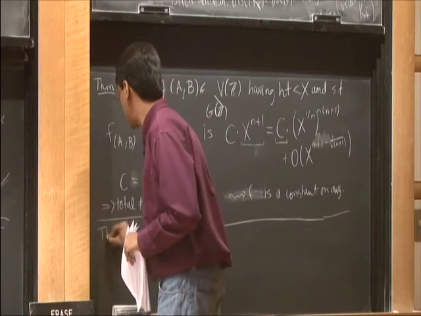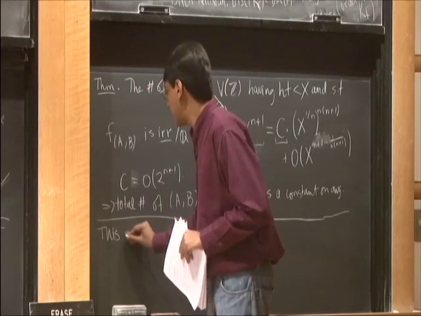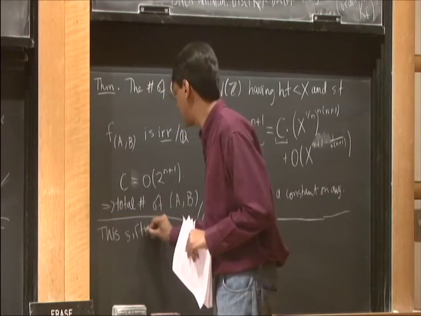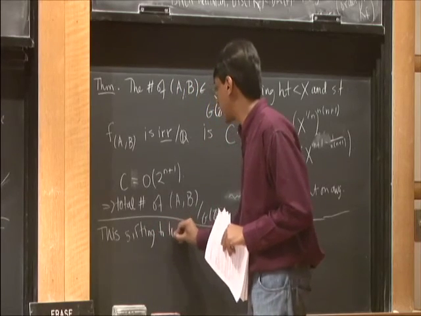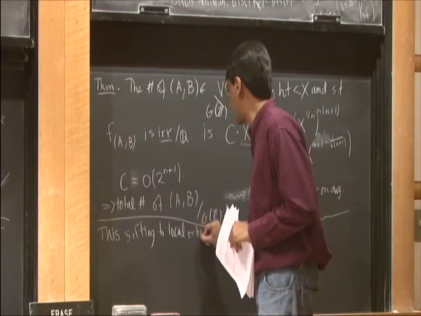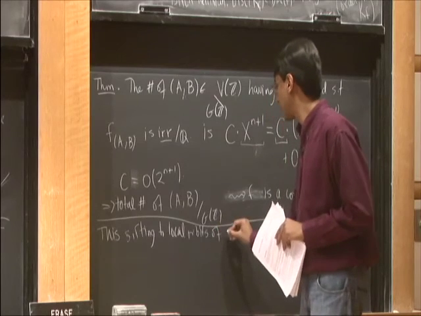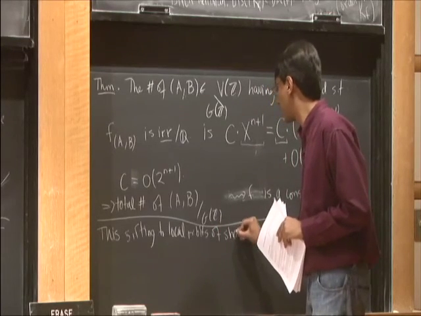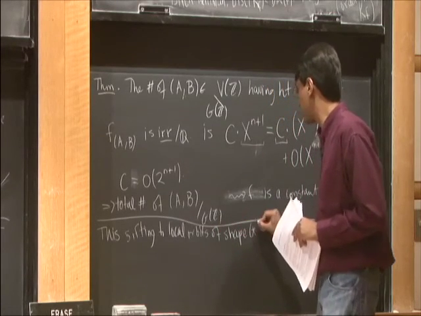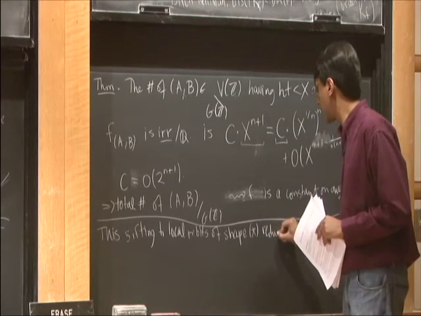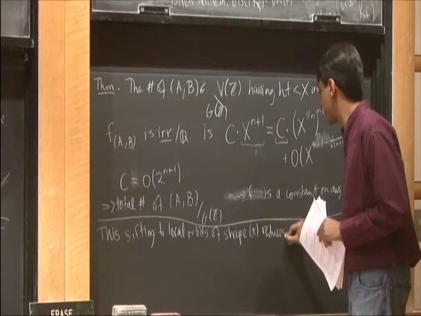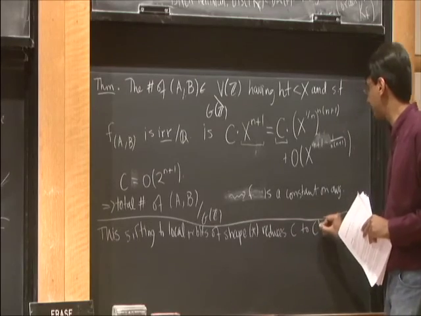So anyway, this sifting to local orbits of the shape star reduces C to a C prime.